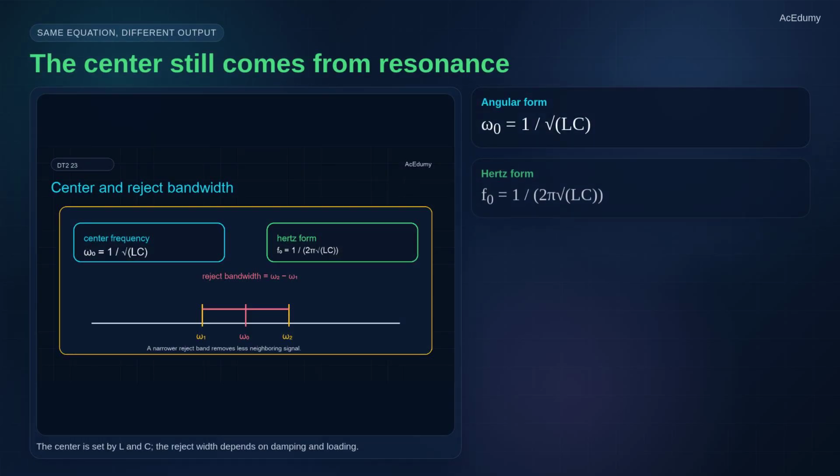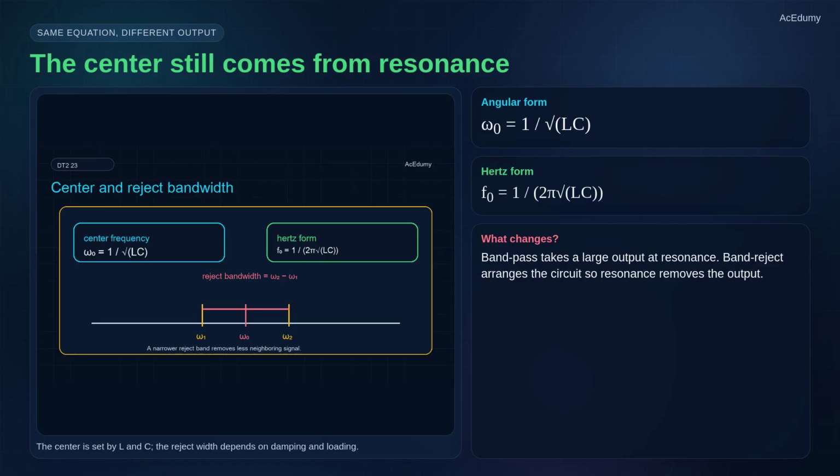The center frequency comes from the same resonance condition as before. The angular center frequency is 1 over square root of LC, and the Hertz form is 1 over 2 pi square root of LC. The difference is not the center equation. The difference is where we take the output and how the resonant branch is connected.